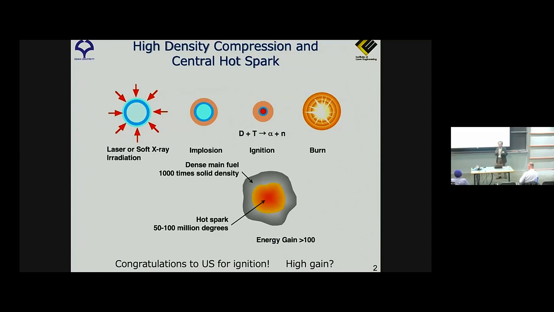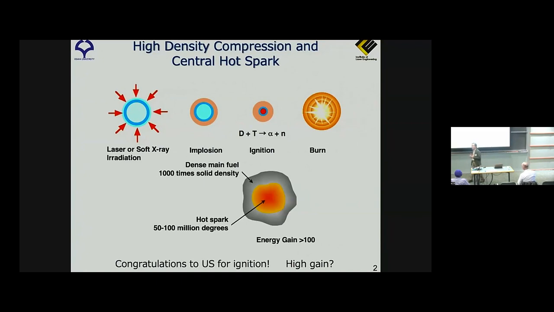Finally, it will stop at some stage. The initially iced DT becomes a main fuel with a density of 1,000 times liquid density, whereas the initially central gas part is adiabatically compressed and heated to a very high temperature that generates a DT reaction.